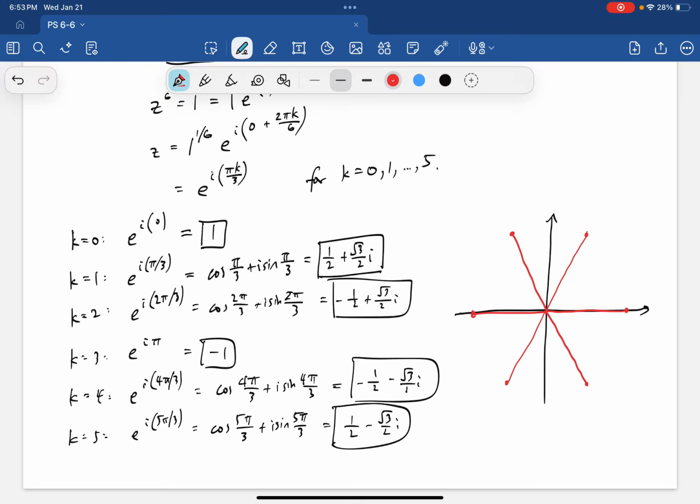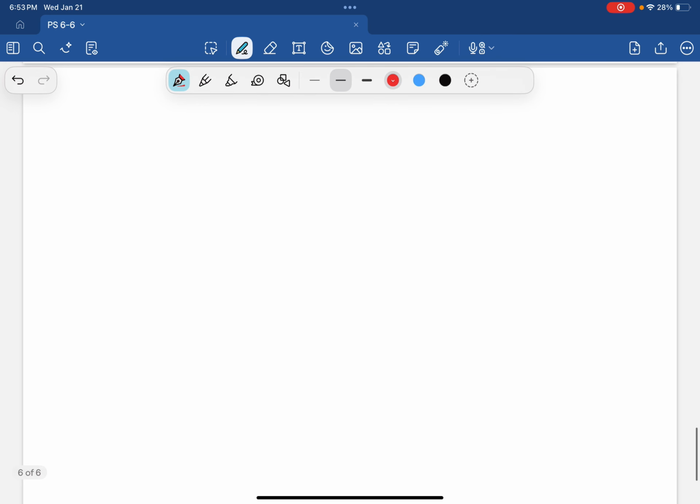So it forms a nice hexagon of complex numbers. All of these are length 1. Okay, 1 down.